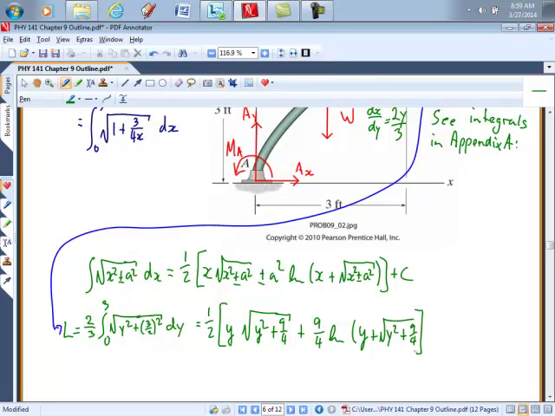And we can forget about the plus C because we're evaluating that between the limits of 0 and 3.